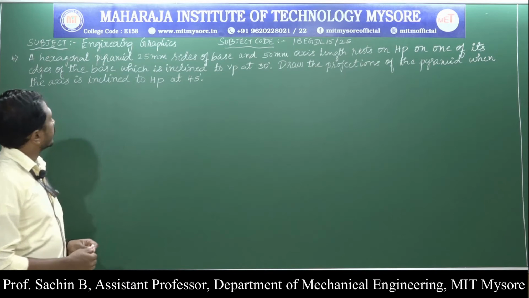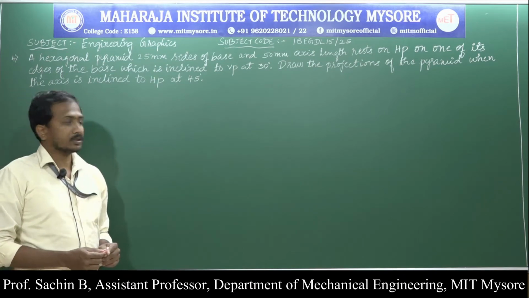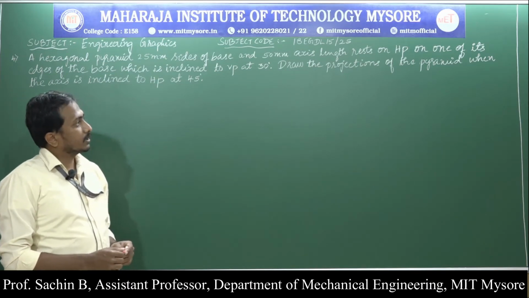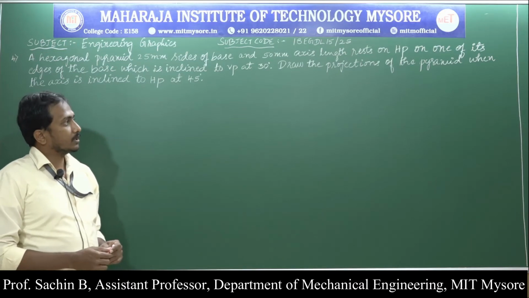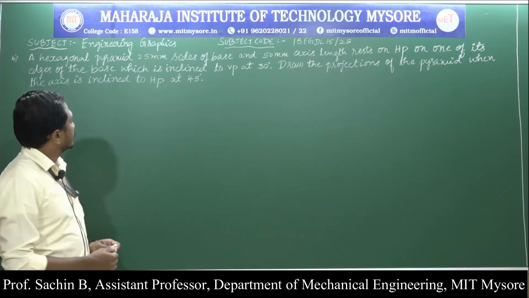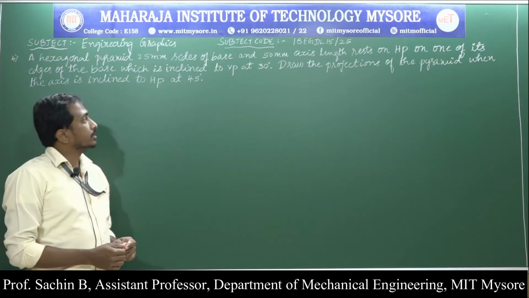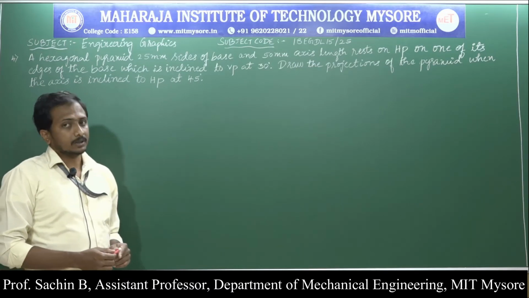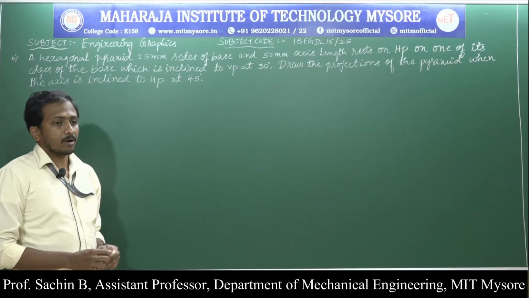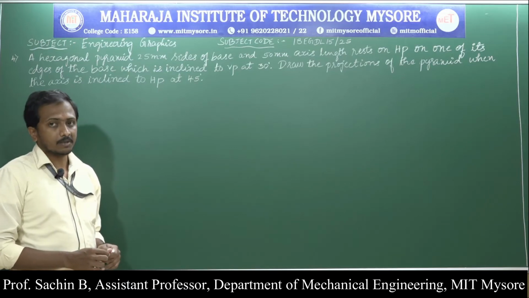A hexagonal pyramid, 25 mm sides of base and 50 mm axis length, rests on HP on one of its edges of the base, which is inclined to VP at 30 degree. This problem is purely an edge condition problem.